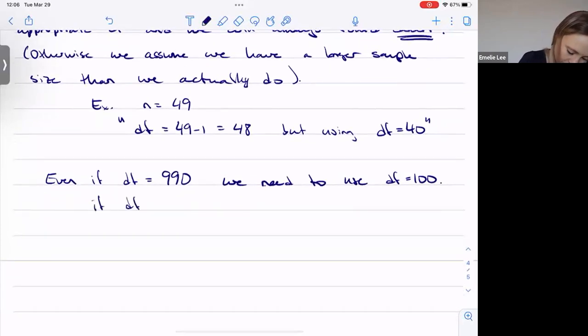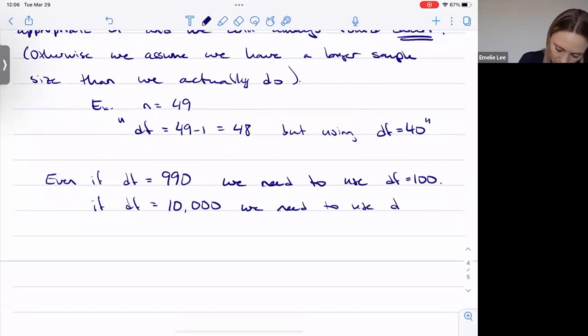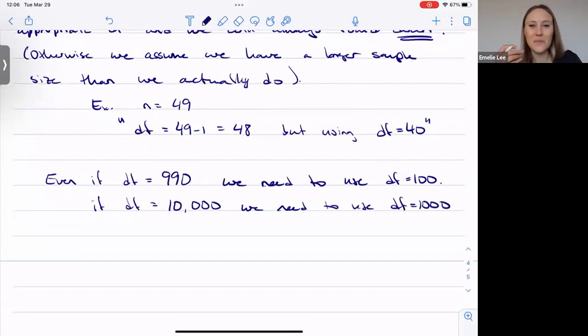If degrees of freedom is, let's say, 10,000, we need to use degrees of freedom equal to 1,000. Even when I always feel like, oh, what a waste, it doesn't matter.